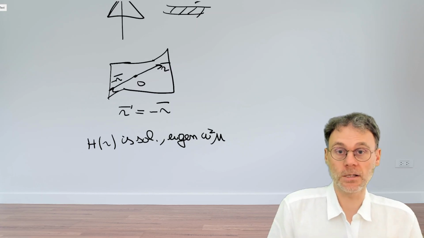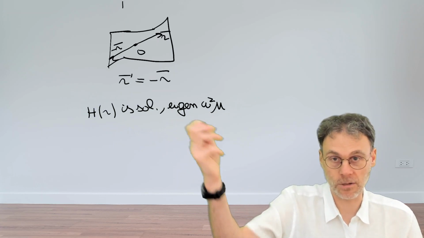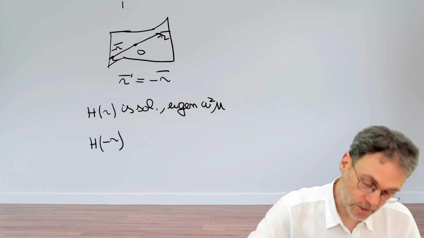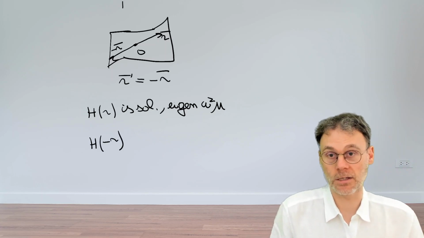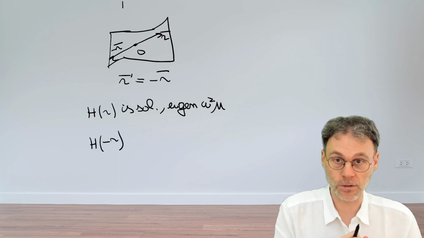Your first instinct might be to say that since replacing r by minus r doesn't change anything, that would also mean that H of minus r will be the same as H of r. But as we will see later on, that's a little bit too premature.